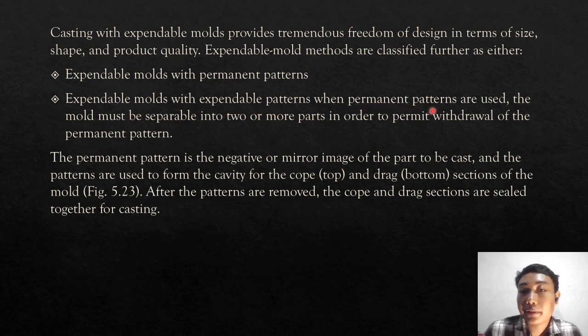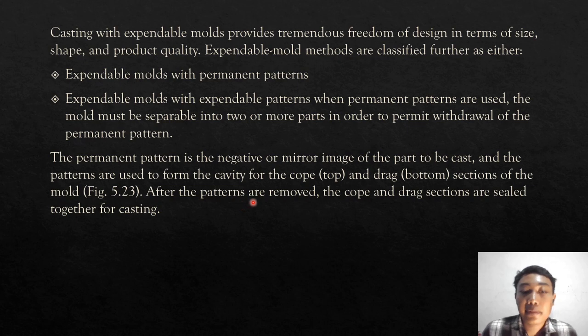When permanent patterns are used, the mold must be separable into two or more parts in order to permit withdrawal of the permanent pattern. The permanent pattern is the negative or mirror image of the part to be cast, and the patterns are used to form the cavity from the cope top and drag bottom section of the mold, like in picture 5.23.